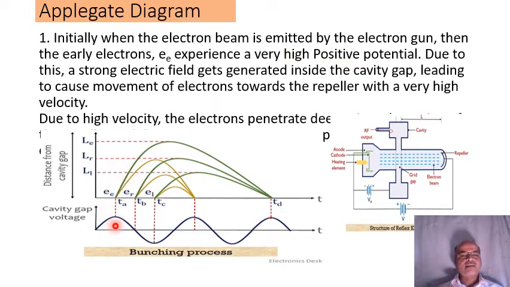As observed here, for the positive half cycle there is a high positive potential, and due to this a strong electric field gets generated inside the cavity gap, causing movement of electrons towards the repeller with very high velocity. Due to high velocity, electrons penetrate deep into the space.